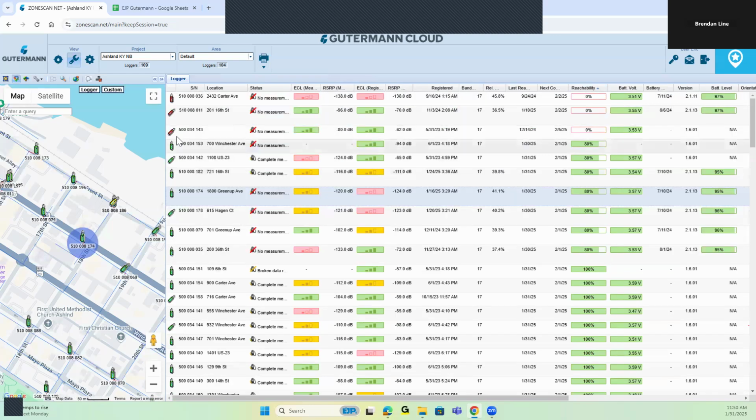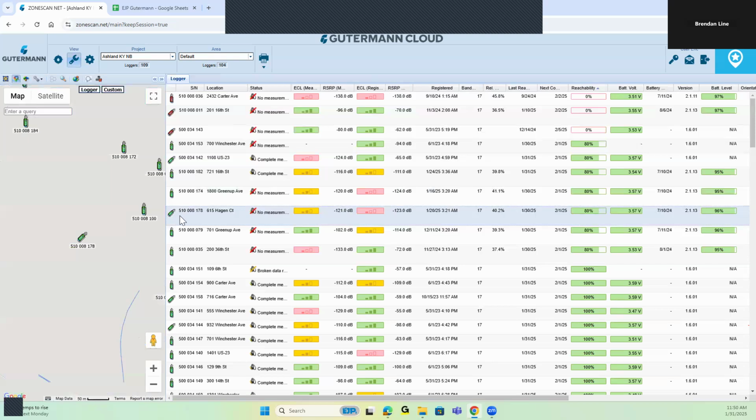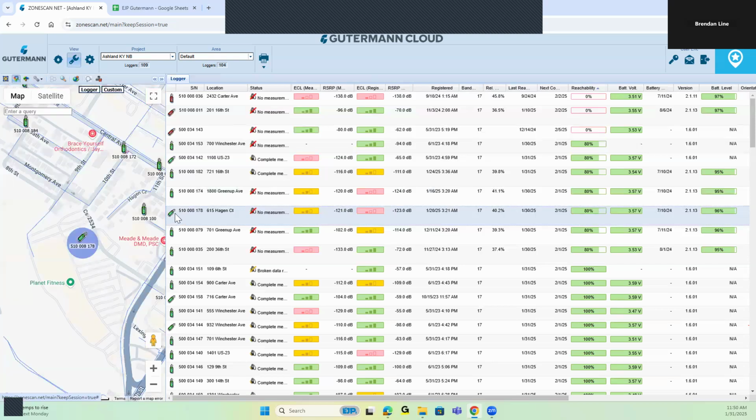One more thing I want to point out too is if you notice over here on the left-hand side, you'll see some loggers are standing straight up in the vertical position, and there's some other ones that are on a 45-degree or tilted angle. What that means is basically that logger, for some reason, has moved from its original deployed position.